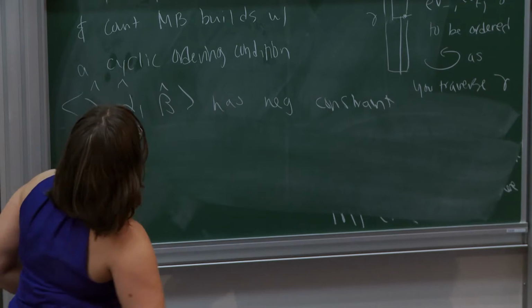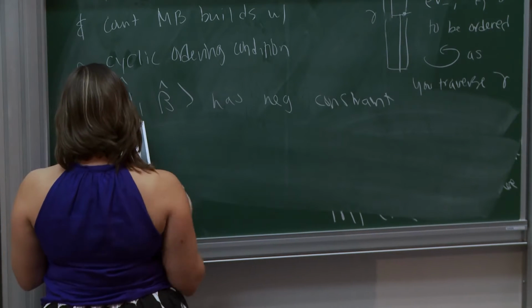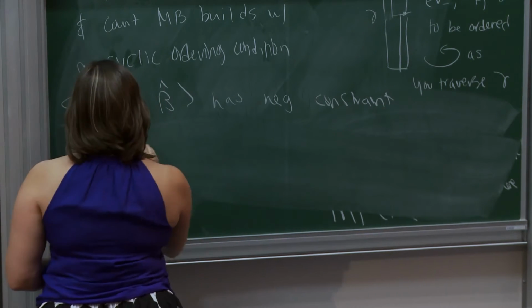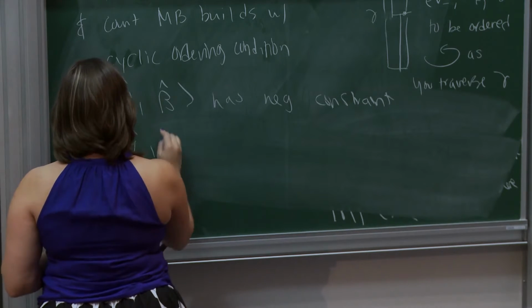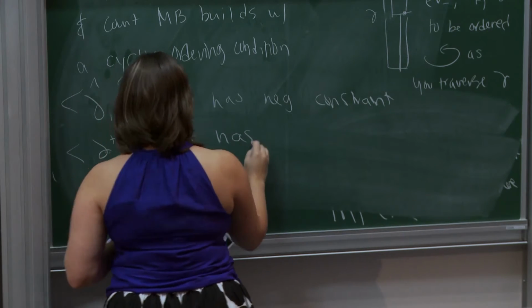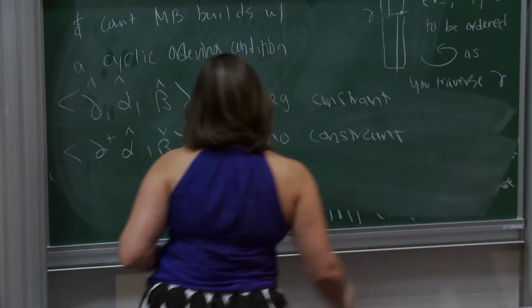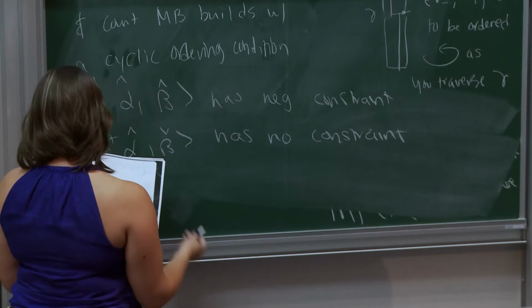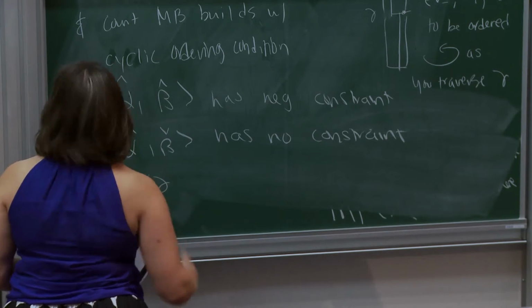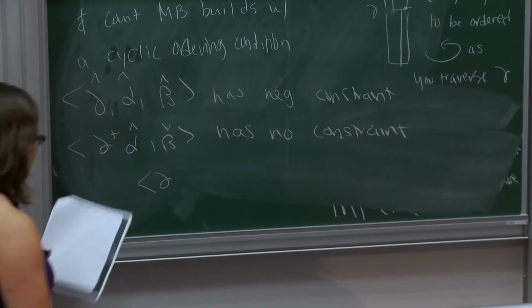D plus, alpha check, beta hat. This has no constraint. So this looks like the two-bad map that you see in the Bourgeois-Ekholm-Liashberg formulation.